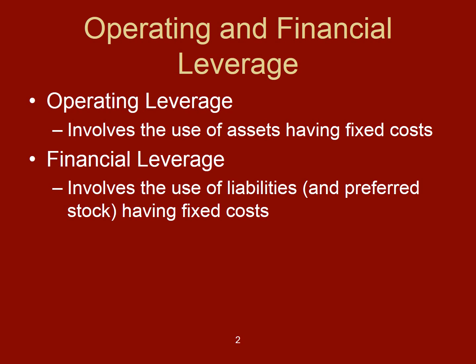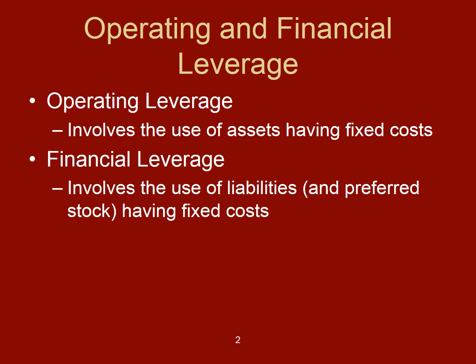Preferred stock financing, even though you can't be forced into bankruptcy for missing a preferred stock dividend, your common stockholders don't get to receive any dividends until all preferred stock dividends have been paid up. So in that sense, it is a fixed financial charge.